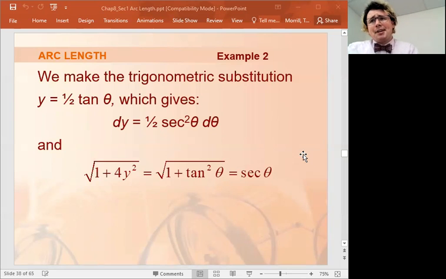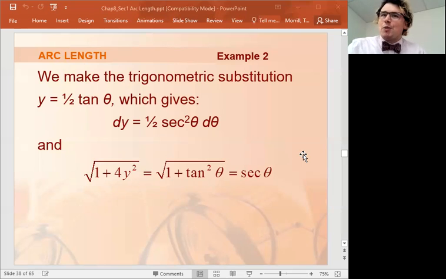I've got a square root of 1 plus 4y squared. Okay, well, I need to get rid of 1 plus something squared out of a square root. I'm going to go with the tangent function because I know that I can use my 1 plus tangent squared equals secant squared, right? Got to keep that fresh in our memories.